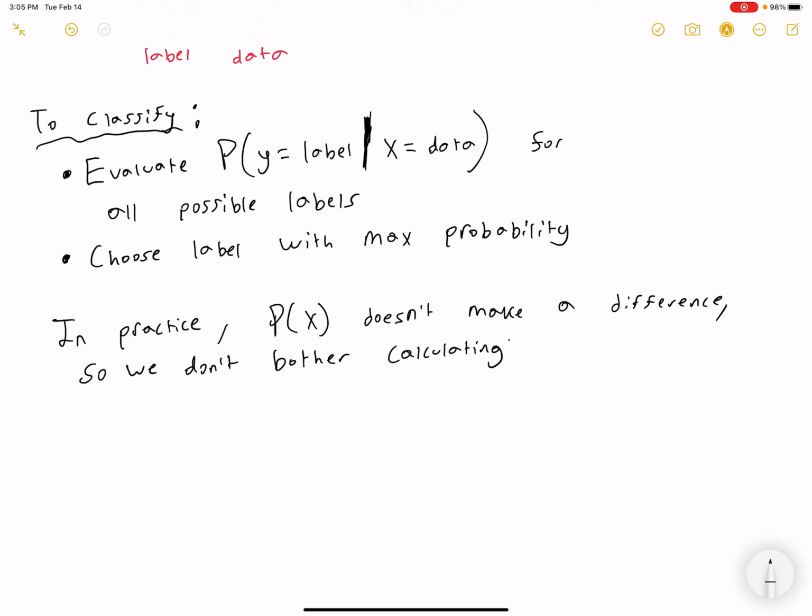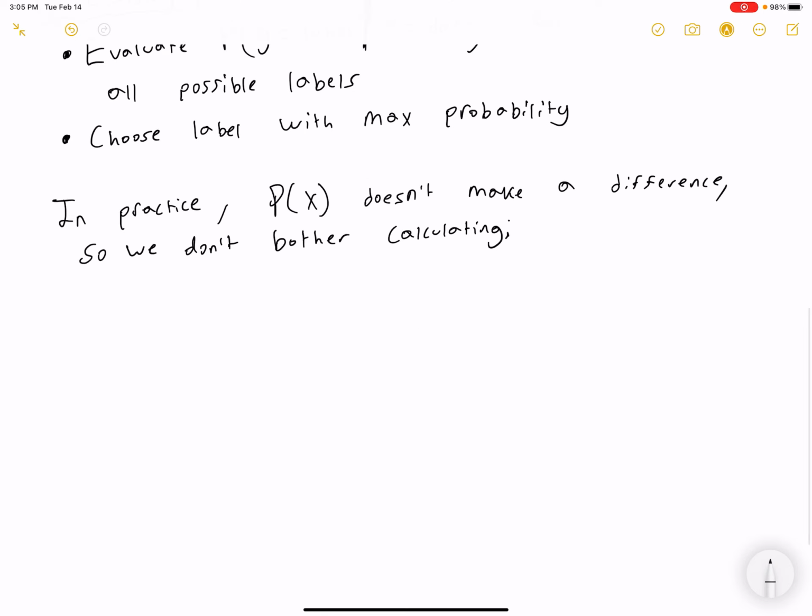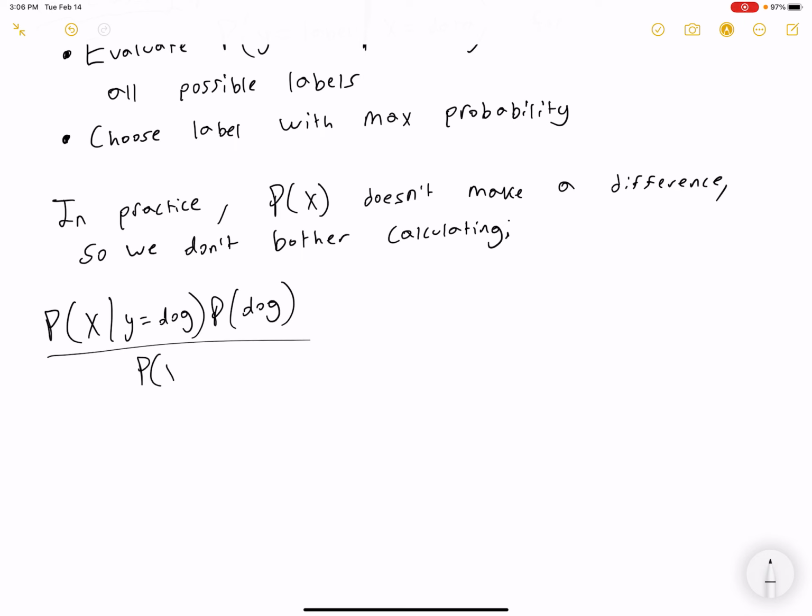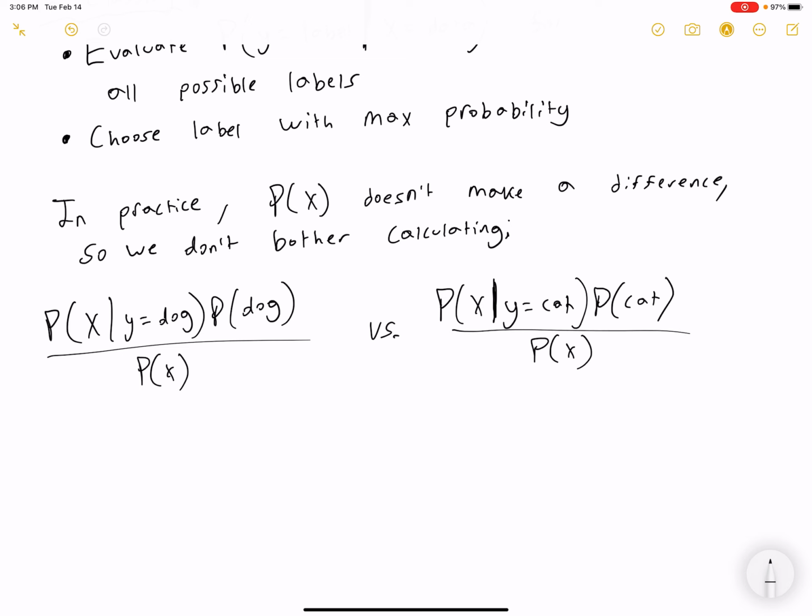And just to see that, if we were trying to predict dog versus cat, using Bayes' rule, we'd look at the probability of the data given that y equals dog times the probability of dog divided by the probability of x, and we'd compare that to the probability of our data given that y equals cat times the probability of cat divided by the probability of x.